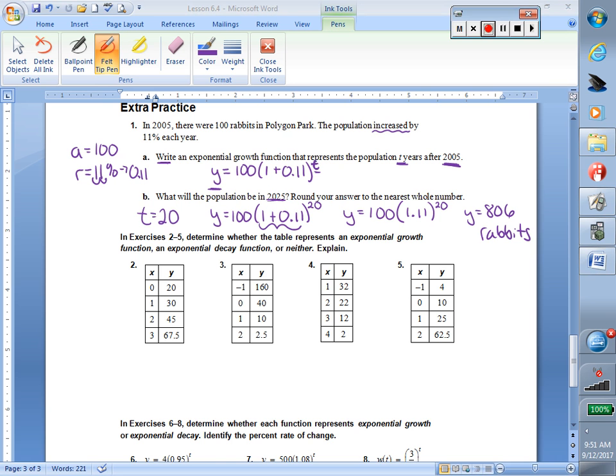If we take a look at example 2, sometimes we are given a table of values, similar to what we saw when we were graphing, and we want to be able to know, could that table represent an exponential growth or an exponential decay function, or maybe it doesn't represent either one.